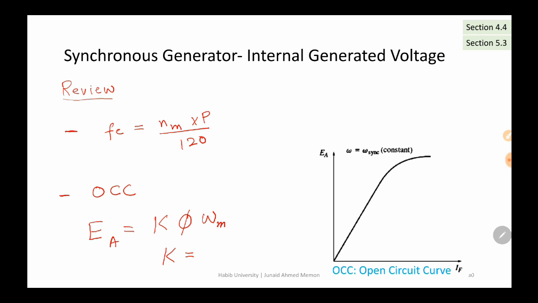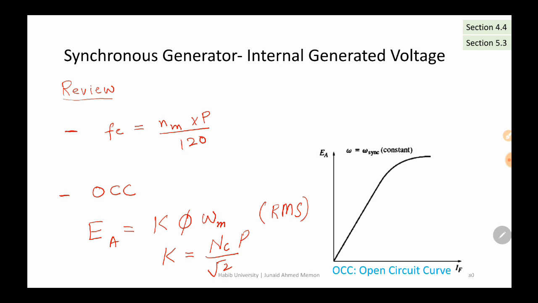We derived it last time: it is the number of loops in the coil times the number of poles divided by root 2. The unit of EA is the RMS, root mean square, value.